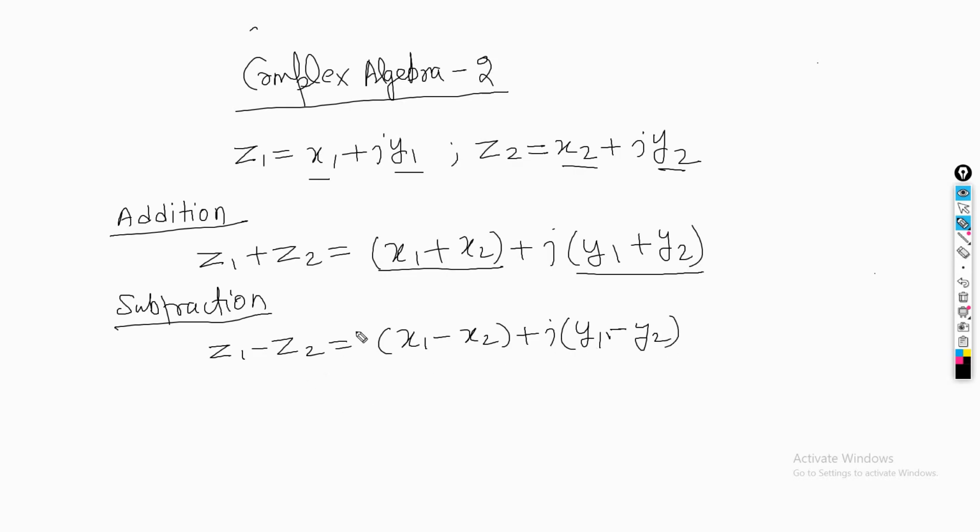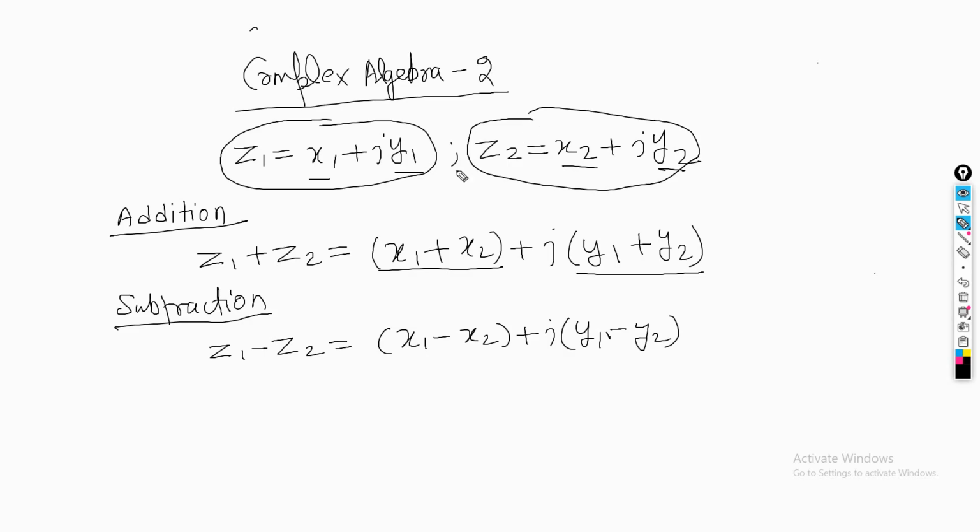In this way we apply subtraction on the complex numbers. But division and multiplication may be a little bit difficult due to this rectangular form of complex numbers. So we will go with the polar form of the complex numbers for the multiplication and division.